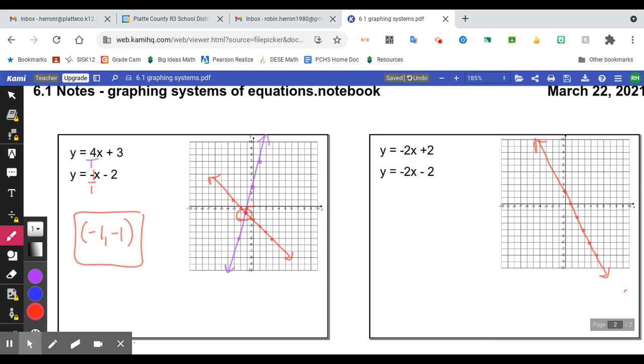And then -2, and I've got to go down 2 over 1. And here's my second line. Now, if you notice, they don't cross. So again, if they don't cross, they're parallel, and we don't have an answer. So that means this would be no solution, like we talked about on the front.